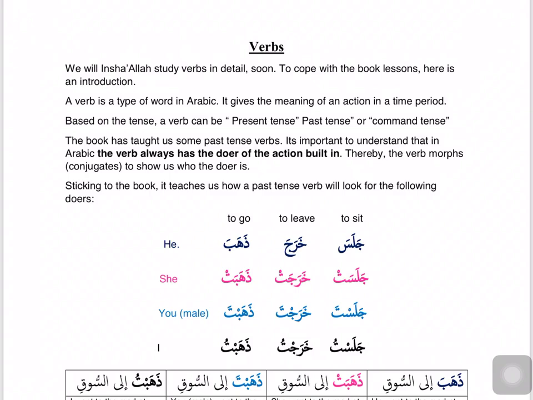For instance, in English, there is an action, ate. That is a verb, ate. Somebody did the action of eating. But if you want to tell who did the action, you will have to add a separate word: he ate, she ate, I ate, both of them ate, and so on.